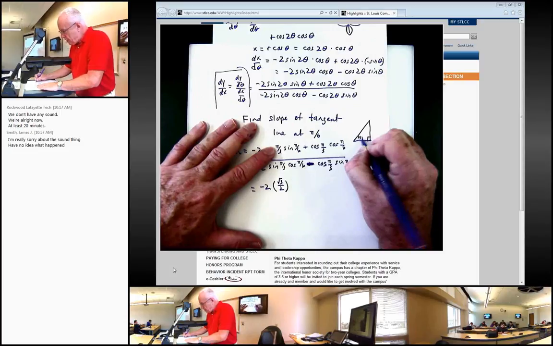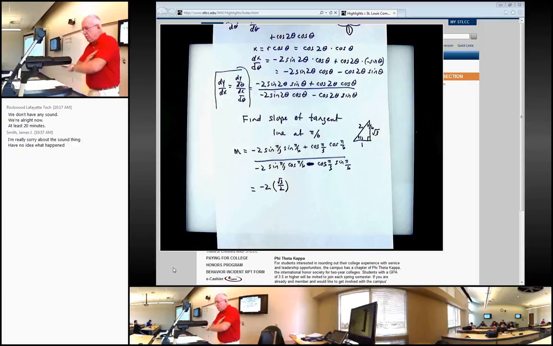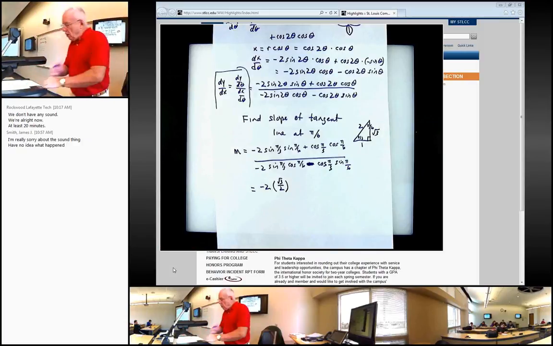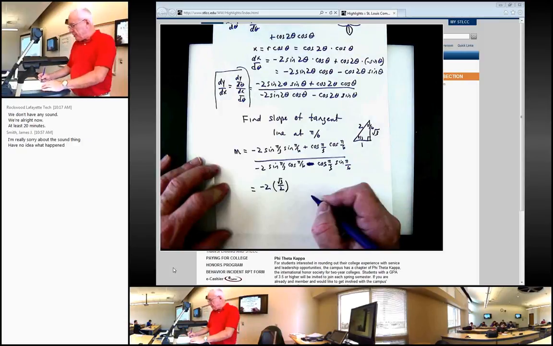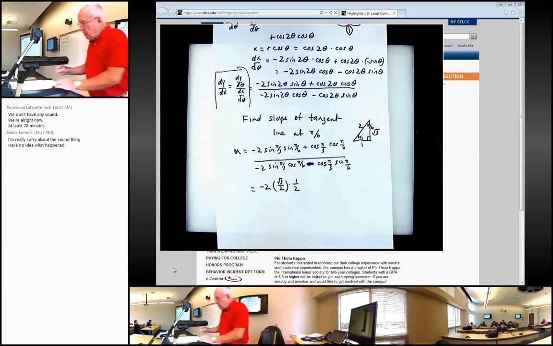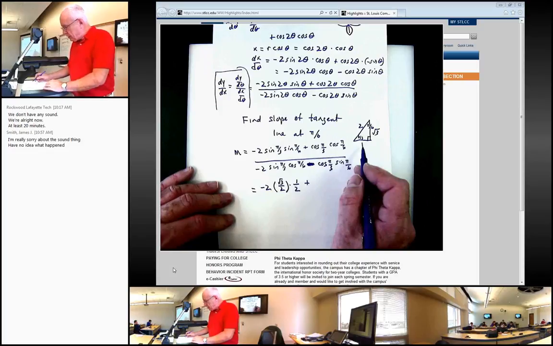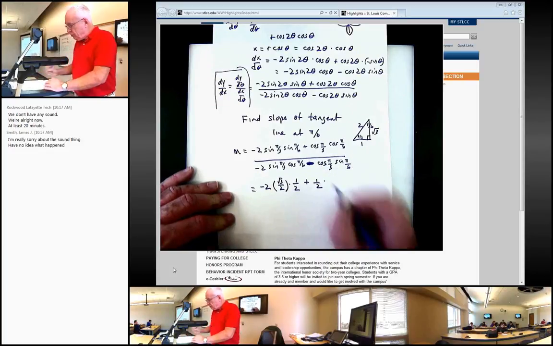Pi over 3, pi over 6, 1, square root of 3, 2, and go from there. All right, and then the sine of pi over 6 is going to be 1/2, plus cosine of pi over 3, that's going to be 1/2, 1 over 2.